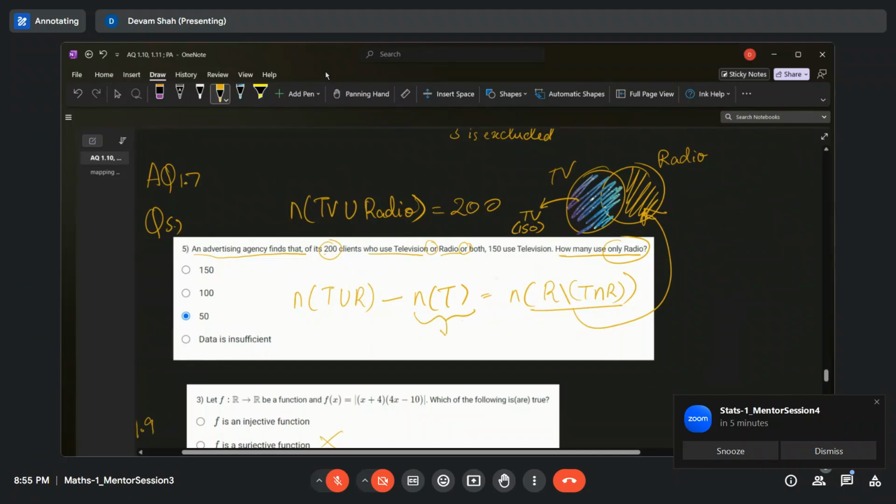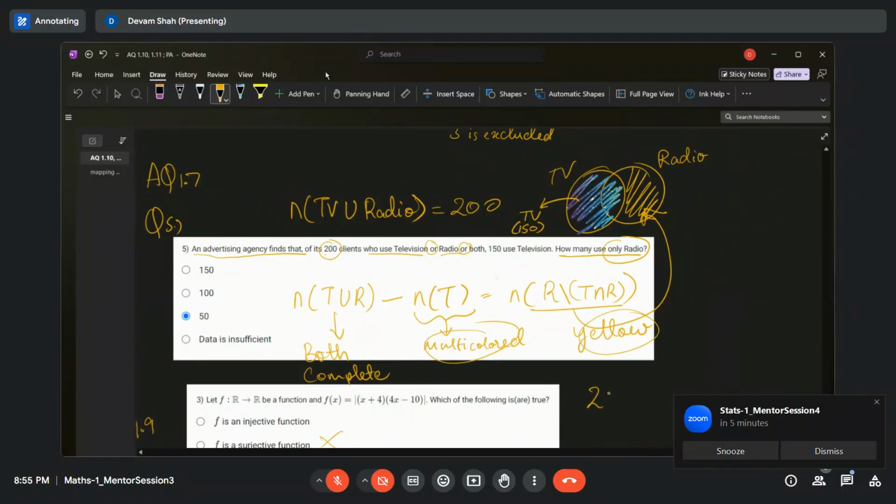This is the multicolor region, and this is the whole thing, both the circles together, both multicolored and yellow. So complete region minus the multicolored region will give you yellow. So the complete region has 200 elements minus television has 150 elements. This will give you 50.